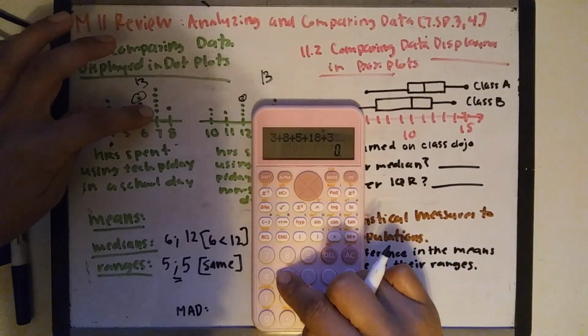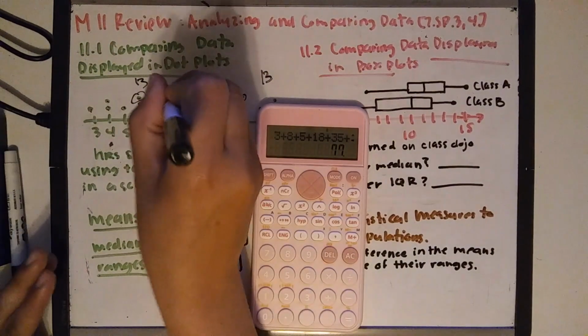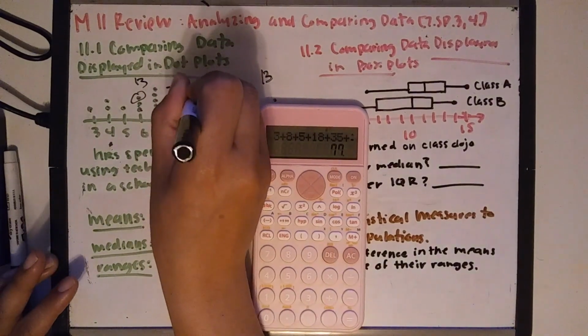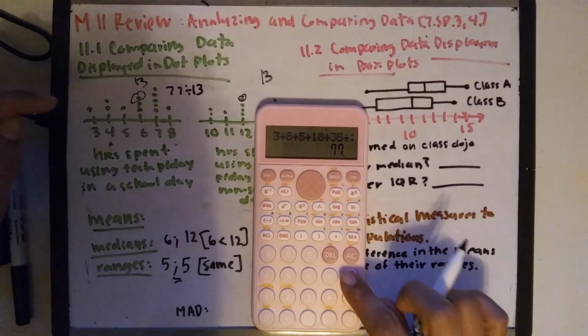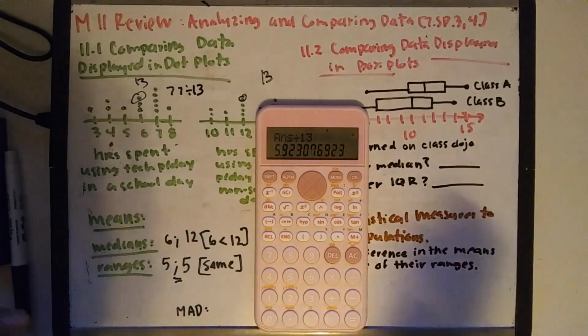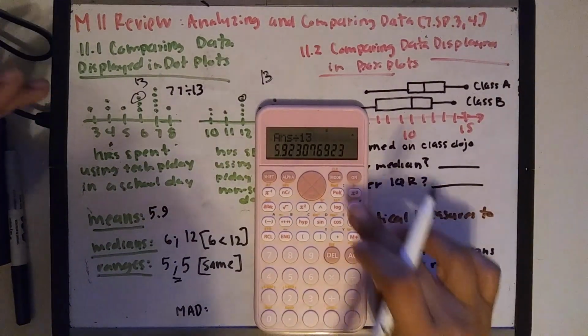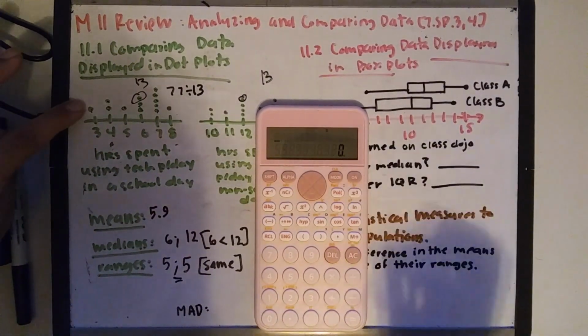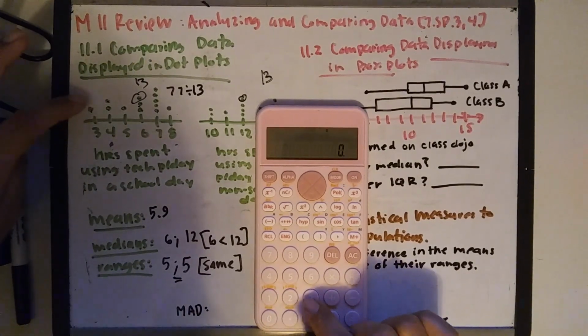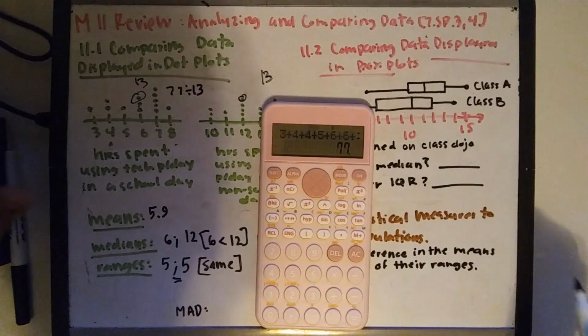So plus 35 plus 8, and I get 77. So I go 77 divided by 13 should give me my mean for this one. And I get 5.92, so I'm going to round it to 5.9. I'm going to check again using individual points for the dots. Yeah, 77, so we're good.